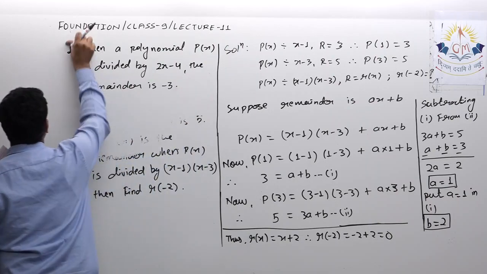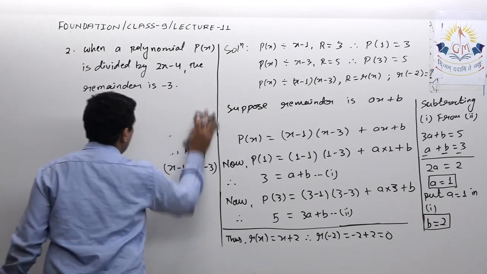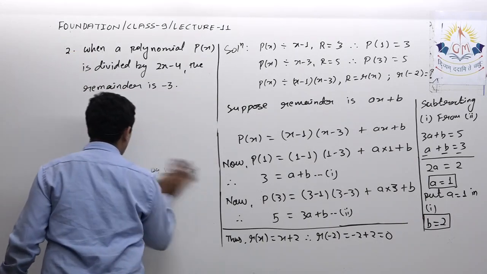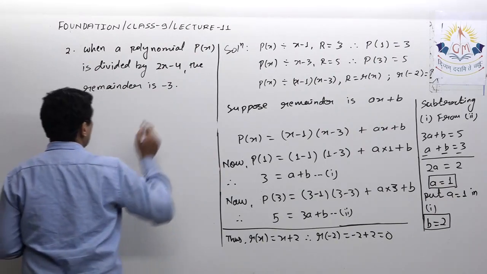Okay, so question number 2. The first information is that when we divide a polynomial p(x) by 2x minus 4, the remainder is minus 3.